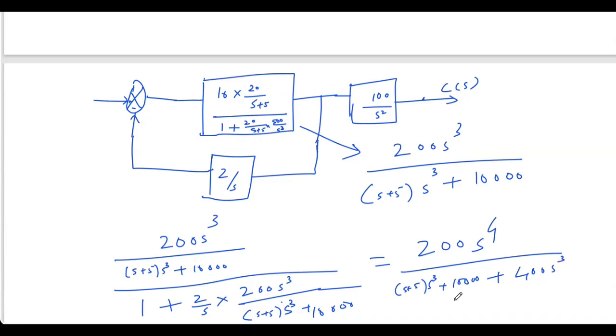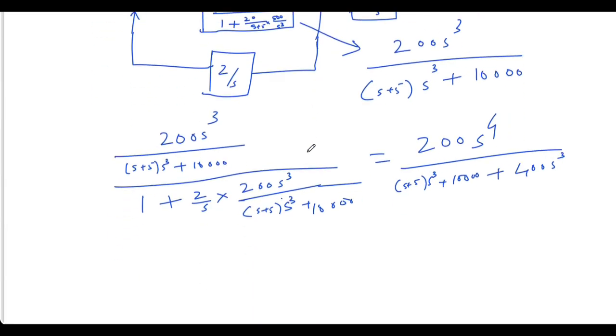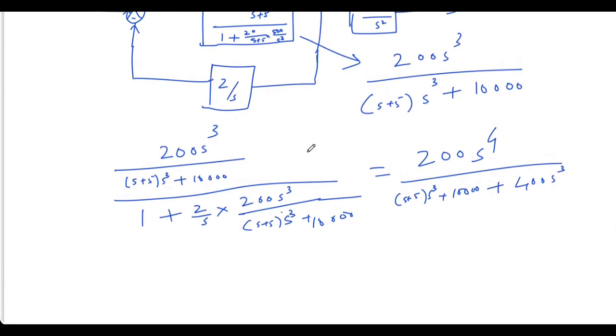So this becomes one block, and that block is multiplied by 100 by S squared. Okay, so this multiplied by 100 by S squared is the answer. So this big block becomes one block.